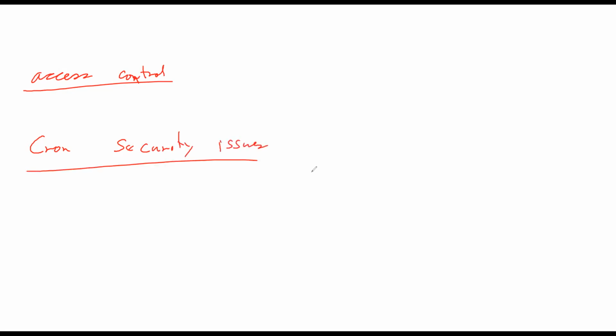You can make sure that only authorized users have access to put commands in cron. As a system administrator, when you start managing users, that's an important thing: you can restrict which users are allowed or disallowed. So in the cron settings file, remember that all configuration in Unix is basically text files.